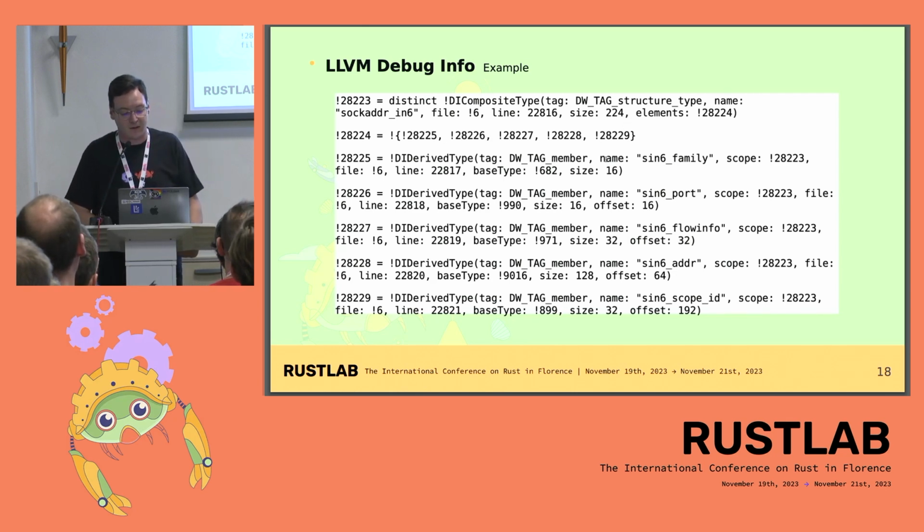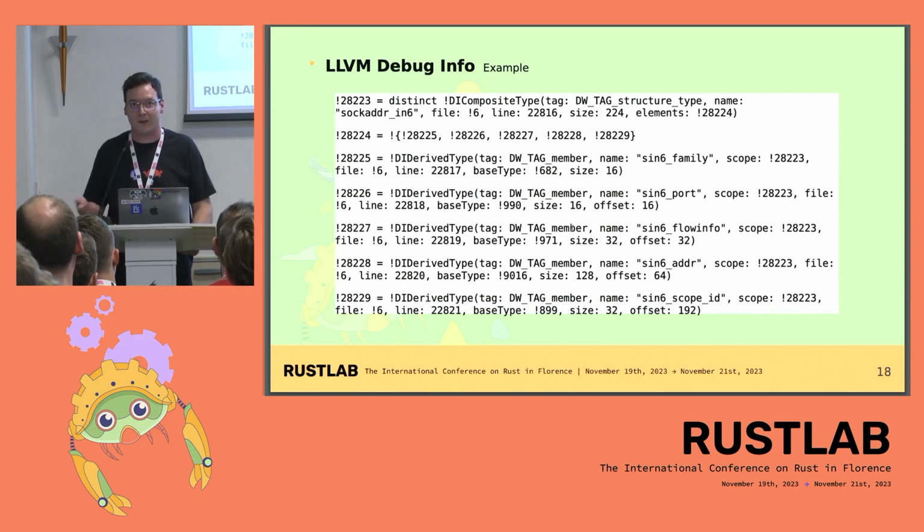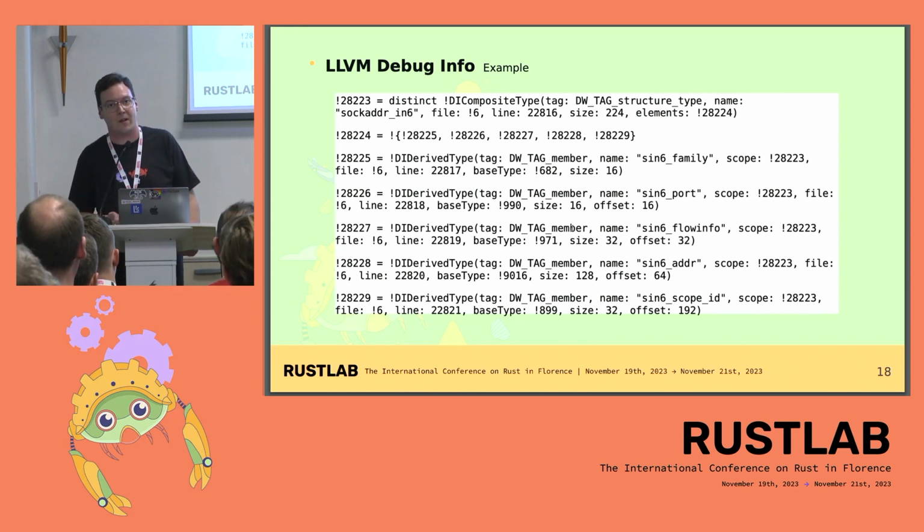And then you have fields of the struct, which are basically integers, and you have pointers to the base type. And if you dig into IR, you would see that those base types are, for example, u32 or i32, like unsigned or signed integers.